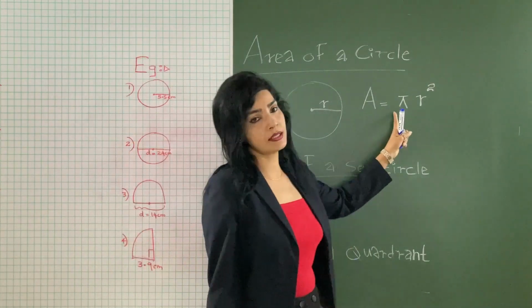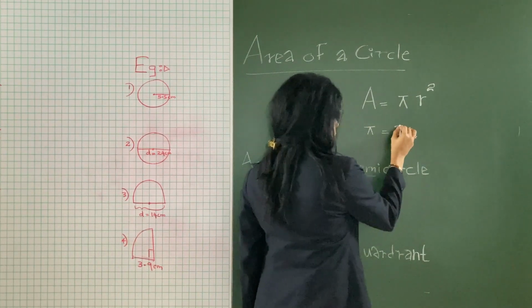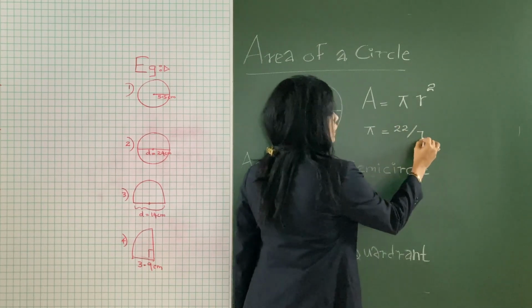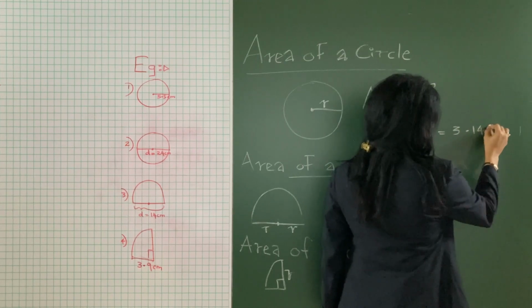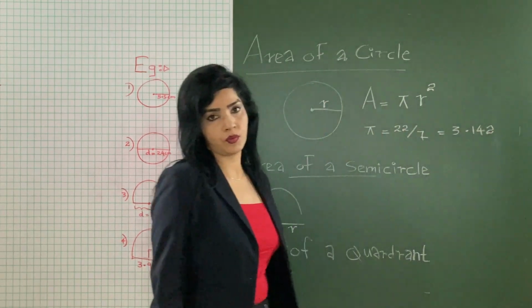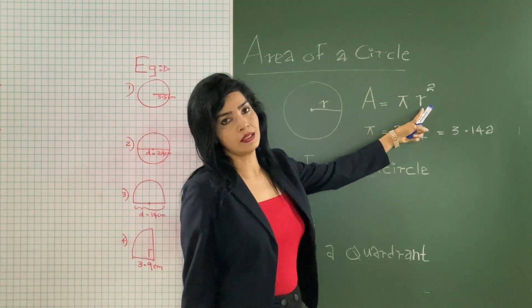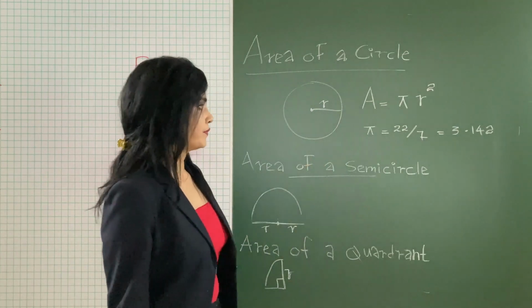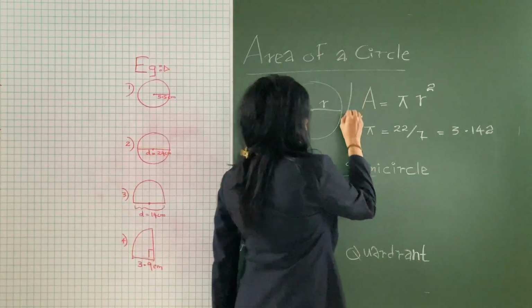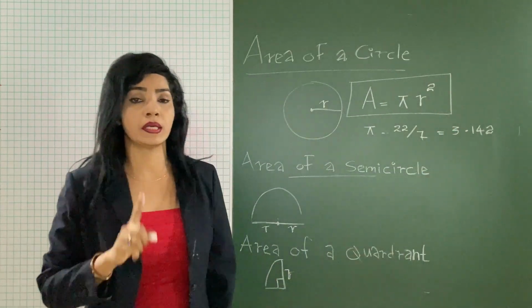Pi is a fixed value, so we can take this pi value as 22/7 or as a decimal, for 3 decimal places 3.142. So radius is the r here, so we have to take radius square. So what is the area of a circle now? Pi r square. Okay, area of a circle is pi r square.